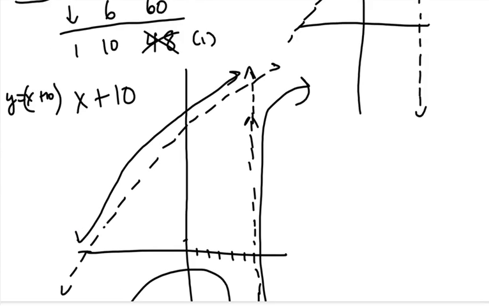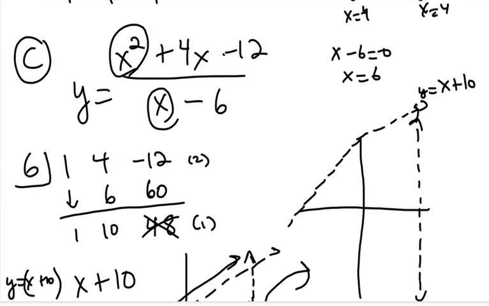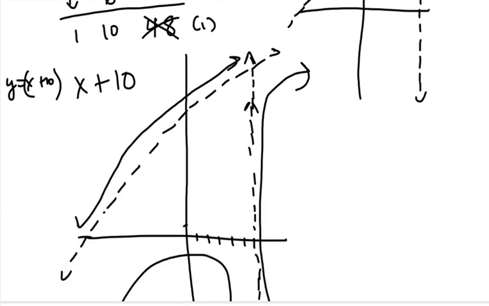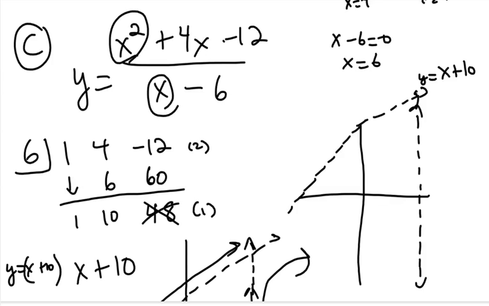So that's a very interesting graph. Let me see what happens as x approaches negative 100, because I'm not sure about this left side. So negative 100 squared, plus minus 400 rather, minus 12, divided by negative 106.